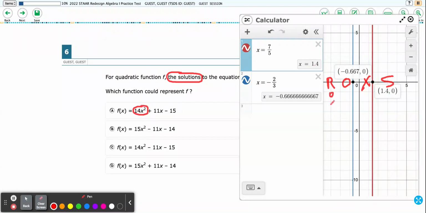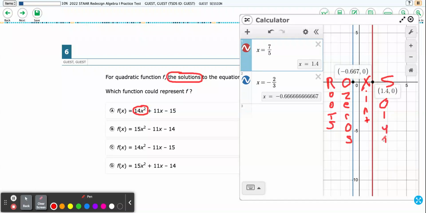So this is roots. This is actually zeros. And this is x-intercepts. And I'm just going to put INT and solutions.